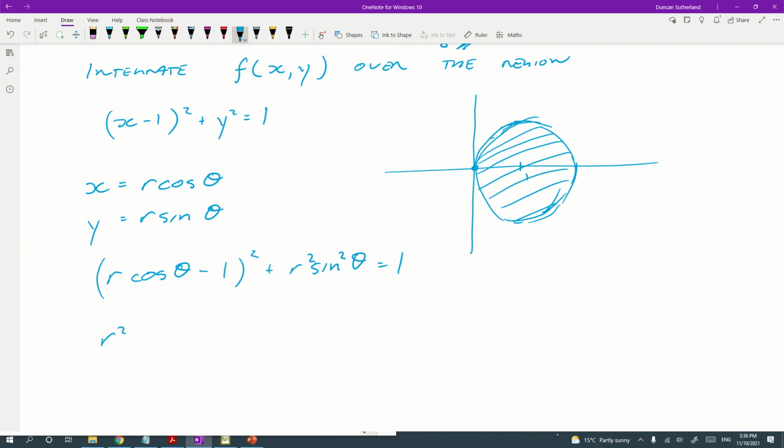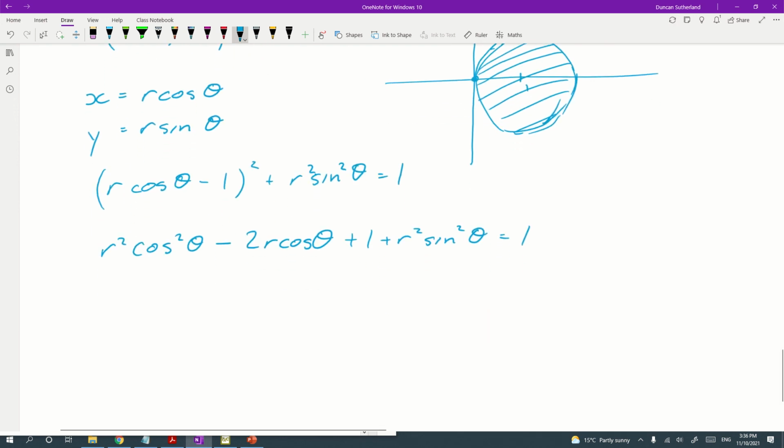So r squared cos squared theta minus 2r cos theta plus 1 equals 1.